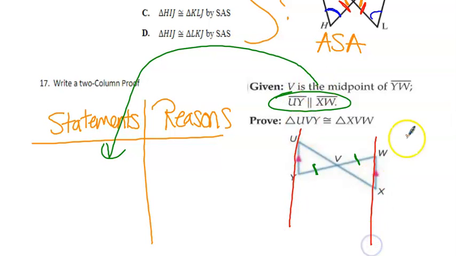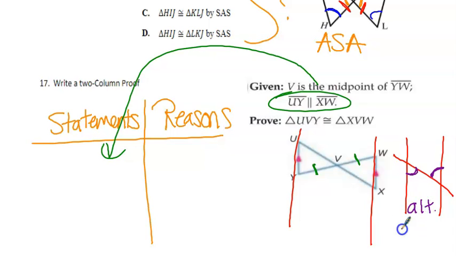If these are parallel lines, let's remind ourselves about parallel lines and these lovely angles inside. Those are called alternate interior, and alternate interior angles are congruent. So with this line in here, this angle and this angle are congruent because they're alternate interior.